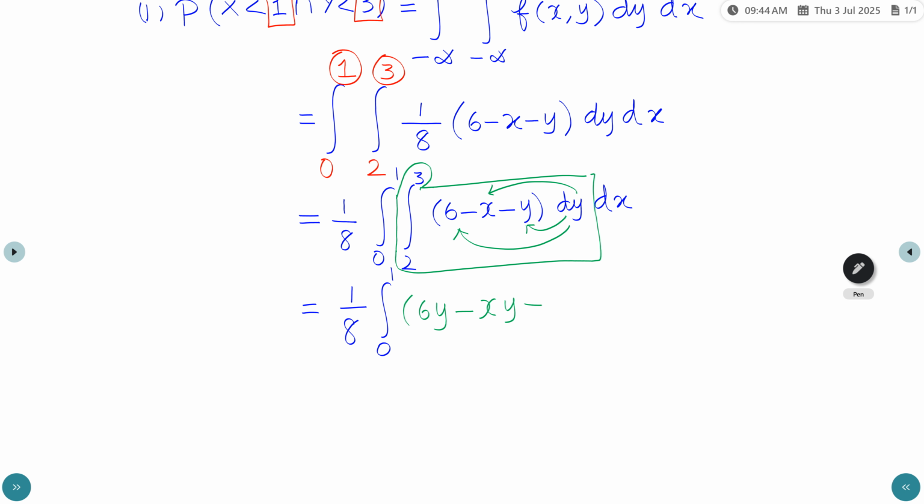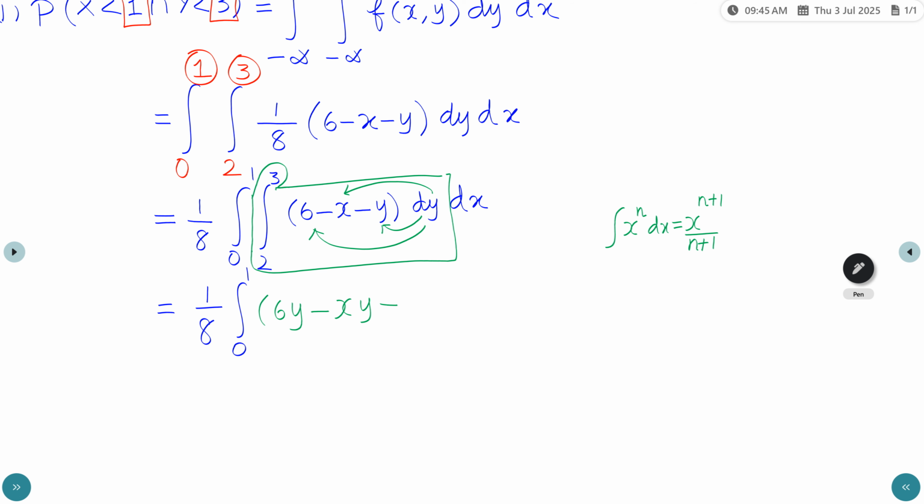the integration formula: the integral of x power n dx is x power n plus 1 by n plus 1. For example, the integral of x squared dx will be x power n plus 1, so x power 2 plus 1 by 2 plus 1, that is x power 3 by 3.